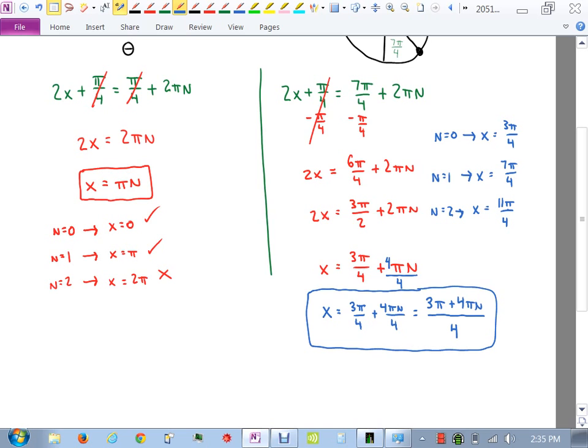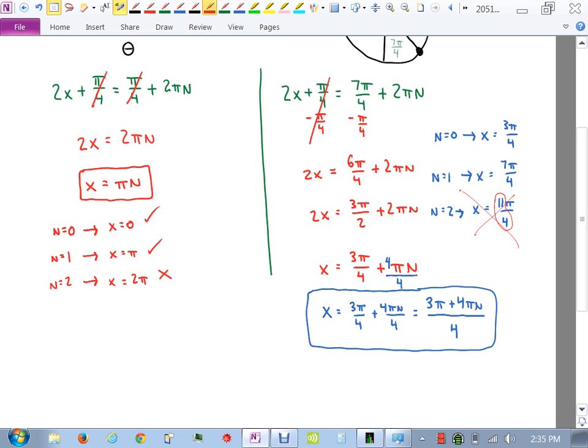It's going up by 4 each time. Oh, we're past 2 pi, aren't we? 11 divided by 4 is bigger than 2. 7 divided by 4 was less than 2, so we were okay on the 7 pi over 4. The 11 pi over 4 we're not okay with.